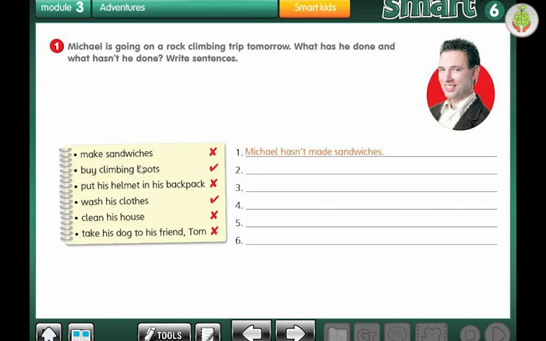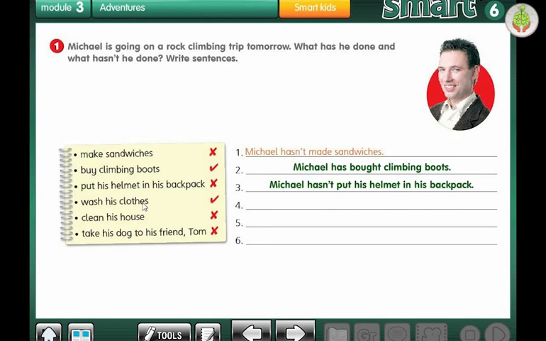Okay, Michael has bought climbing boots. All right. Number 3, put his helmet in his backpack. No. So Michael hasn't put his helmet in his backpack.